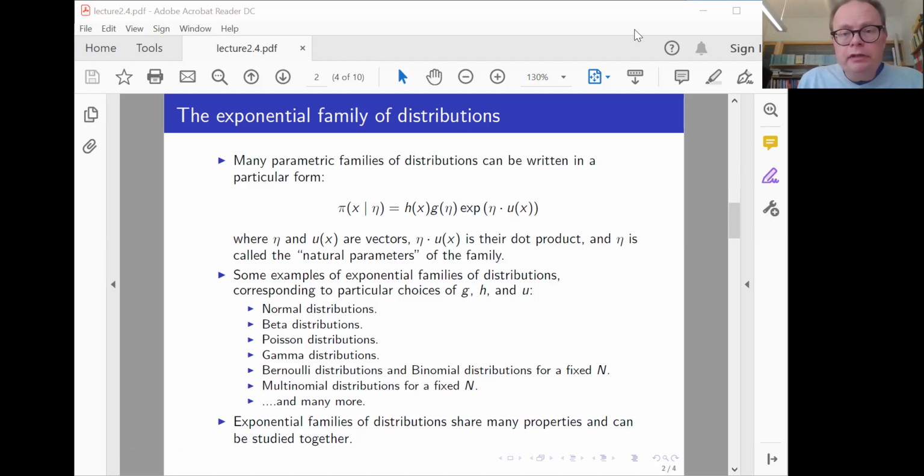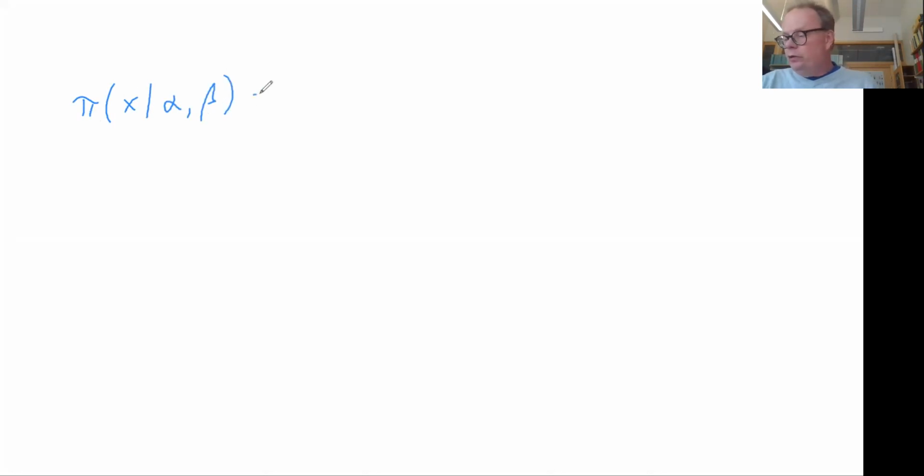Let me see. I will try to share the whiteboard instead. So let's look at the beta distribution. Then we have that the density is written like x given the parameters alpha and beta. And we know that this is written like 1 over B(alpha, beta).